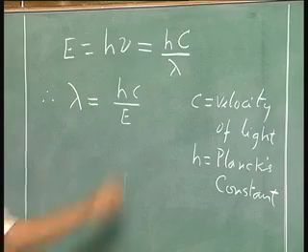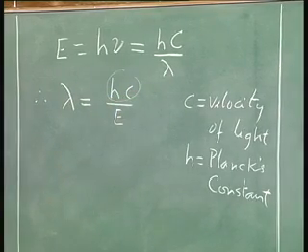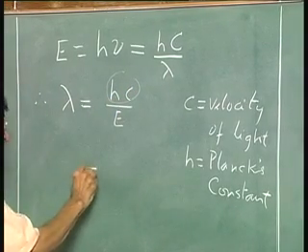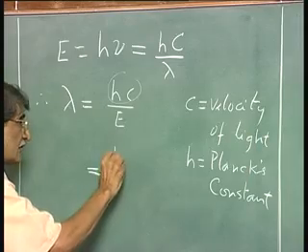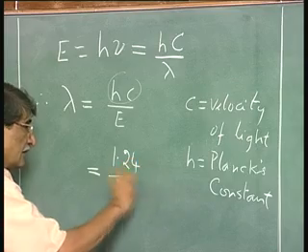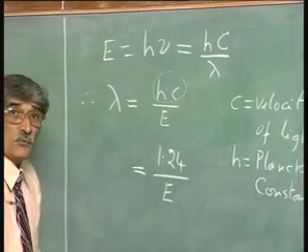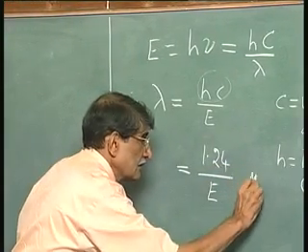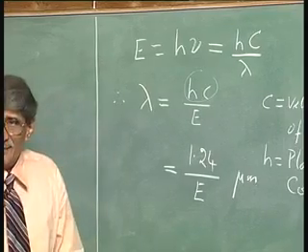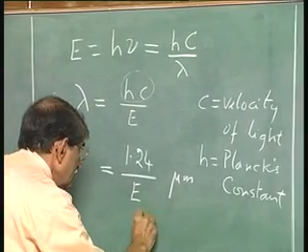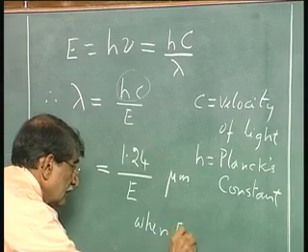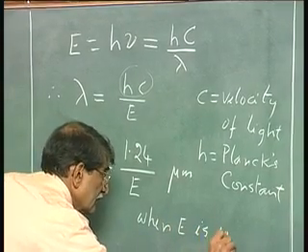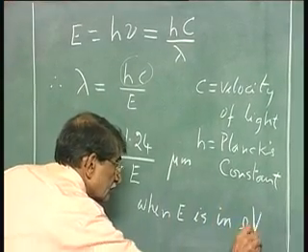You substitute for those two quantities together, and then this turns out to be, in fact it is worthwhile remembering the relationship between energy and lambda, 1.24 divided by E, so many microns, where E is in electron volts.